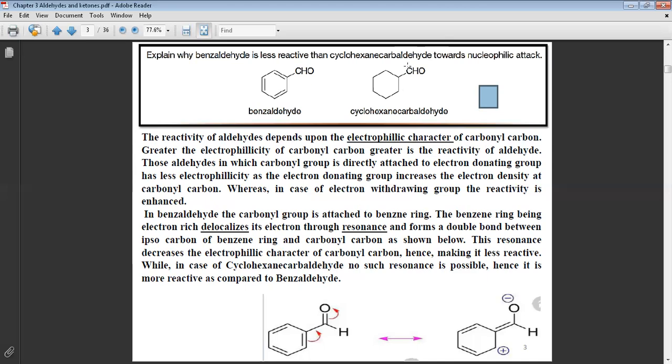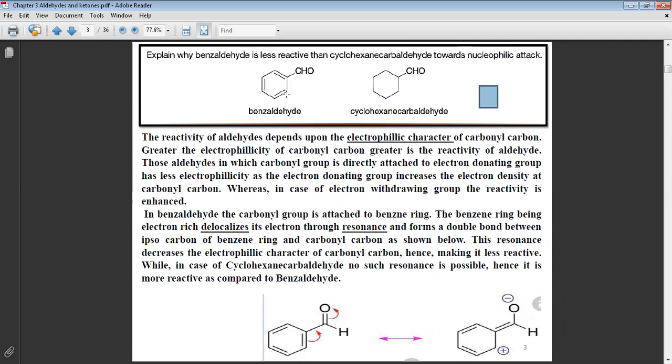Why? Because this carbon is directly bonded to the oxygen. Oxygen is highly electronegative, so it will be partially negative and the carbon will be partially positive. All other atoms are equal. The same thing here. If you want to explain the nucleophilic attack, you have a nucleophile. Will the nucleophile attack the benzene ring?